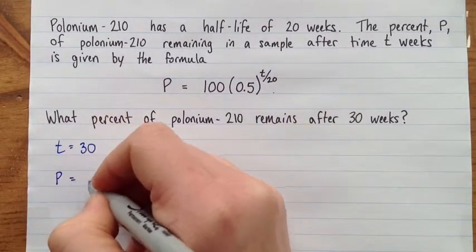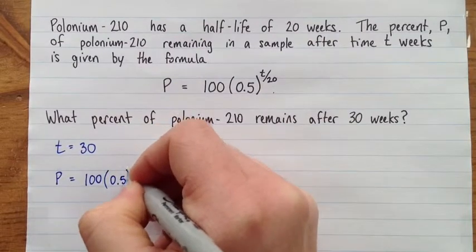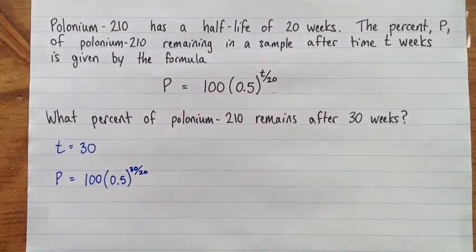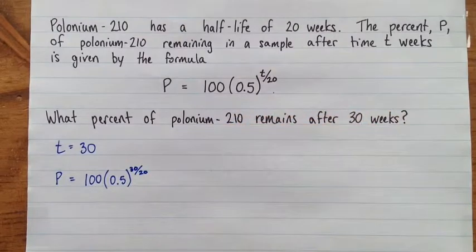So we have P equals 100 times 0.5 to the exponent 30 over 20. And then we just have to figure out what that is, but we'll use a calculator. So I'm going to ask you to pause the video right now, and when I finish the sentence, I guess, put this in your calculator, see what you come out with, and then once you've got an answer, restart the video.